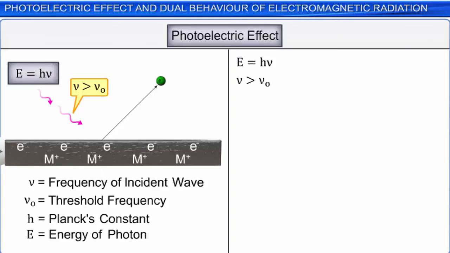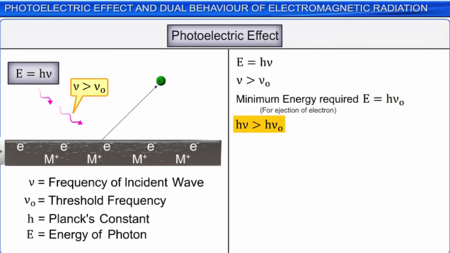When a beam of light, that is a beam of photons, strikes the surface of a metal, the energy received is equal to h nu. For nu greater than nu naught, the minimum energy required is E equal to h nu naught.